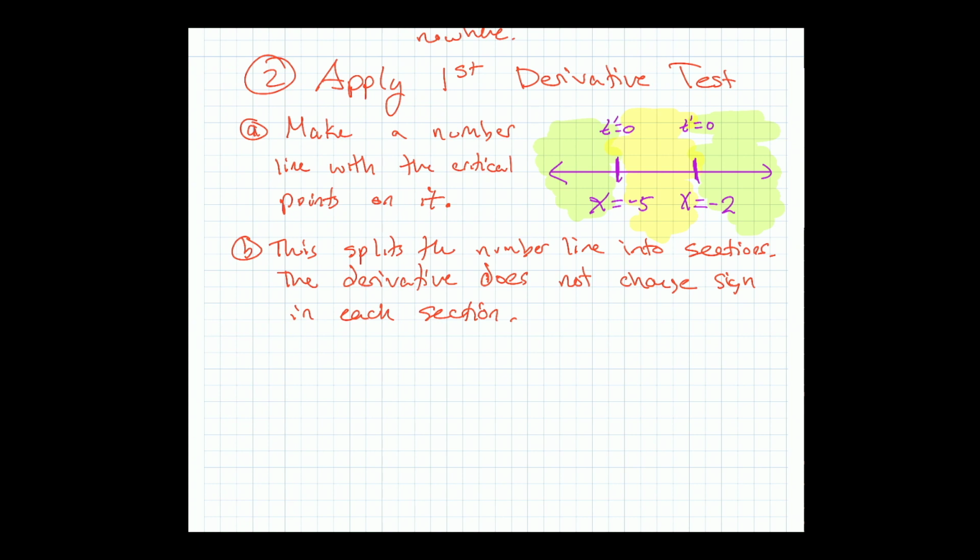So what that means, that's the background. What you want to actually do is, from each section that I drew on my number line, you just plug one x value into f prime, right?